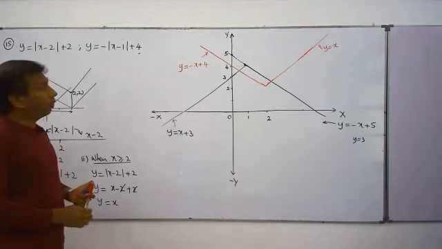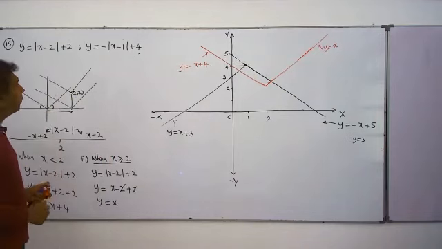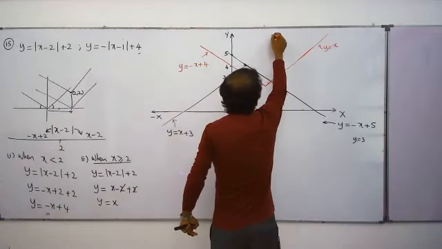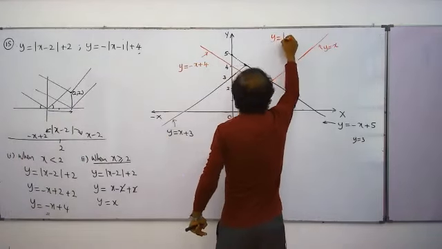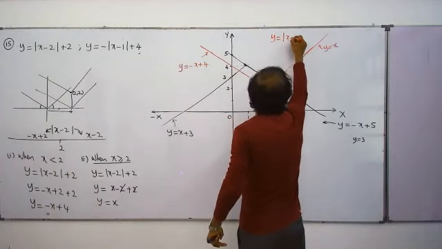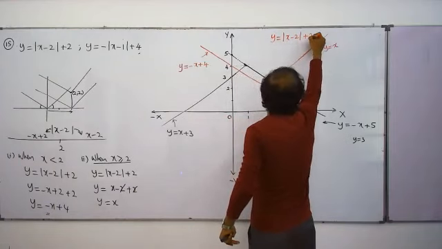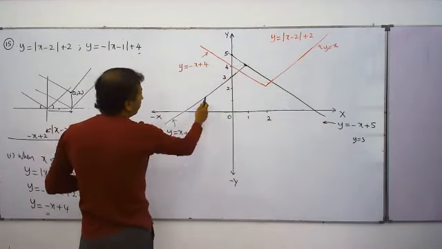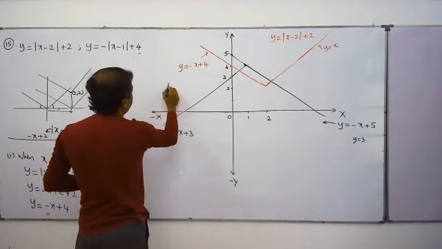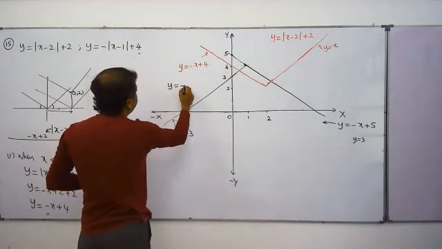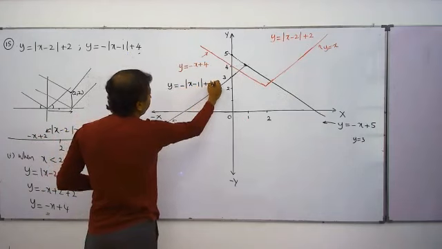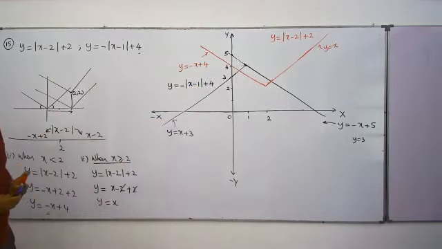Okay, people, now if I take this red graph alone, I will write its equation here. The equation of the red graph is y equals mod x minus 2 plus 2, right? The black graph, people, its equation is y equals minus mod x minus 1 plus 4, right? These are the two graphs, huh? Right. Okay, that is okay now.